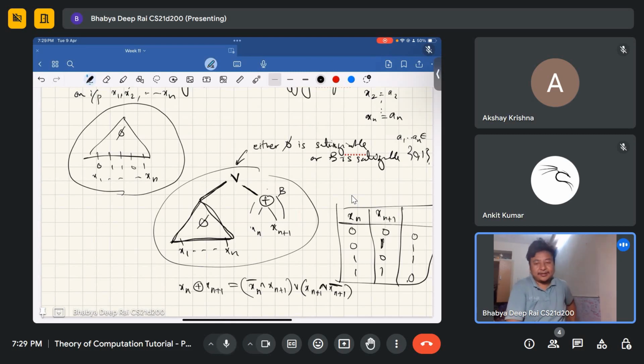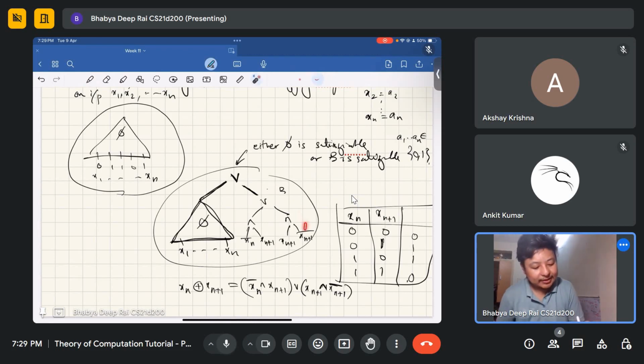This is how you write XOR in terms of OR and AND. So we'll do an OR of ANDs, and here I'll do xn bar xn plus 1, and here xn plus 1 xn bar. That's it. You've created an XOR gate.